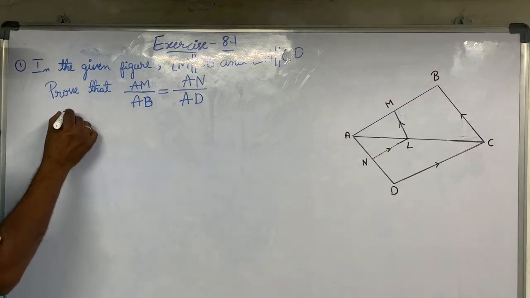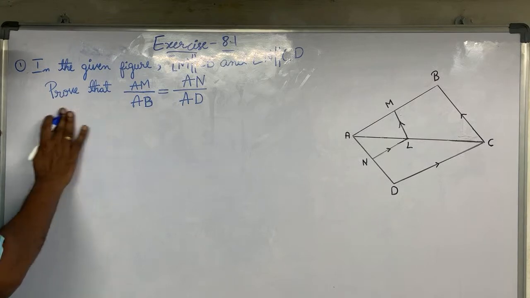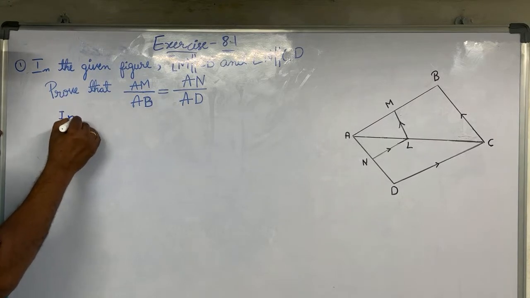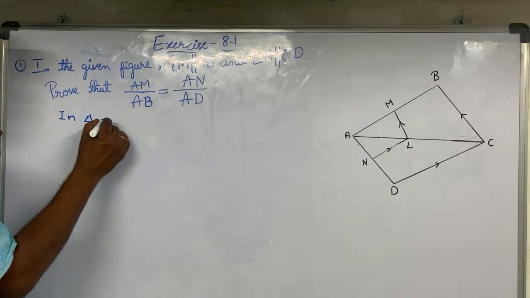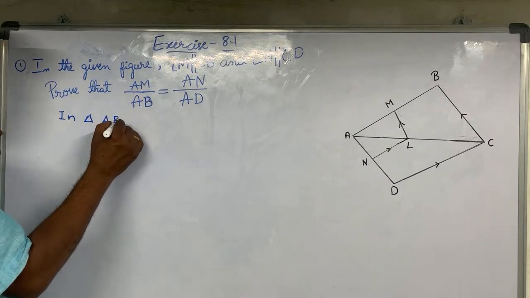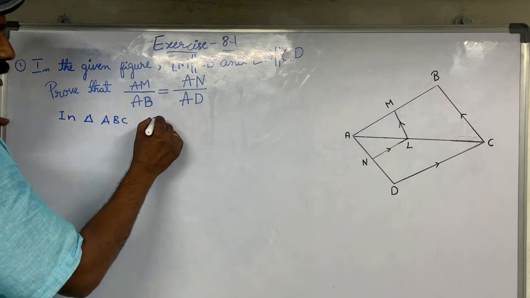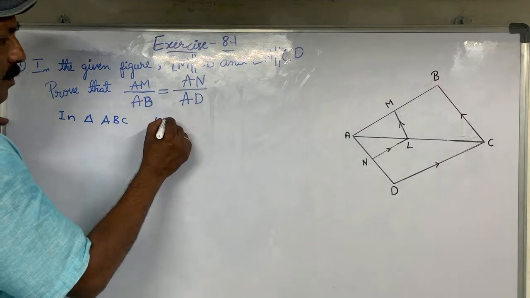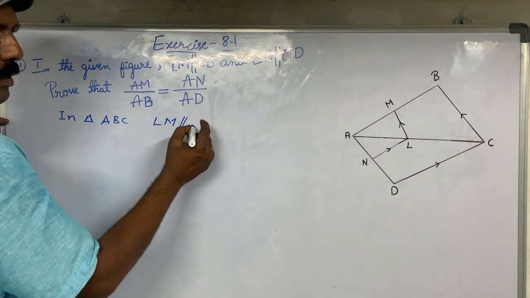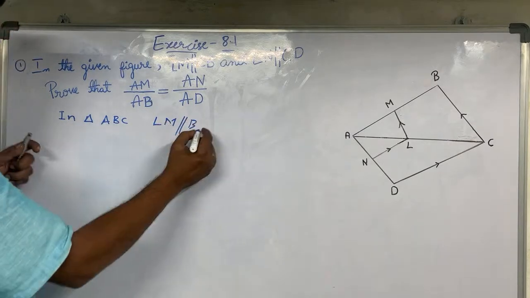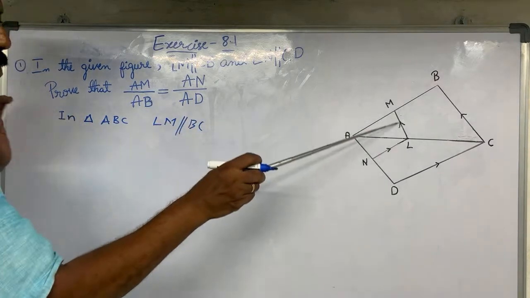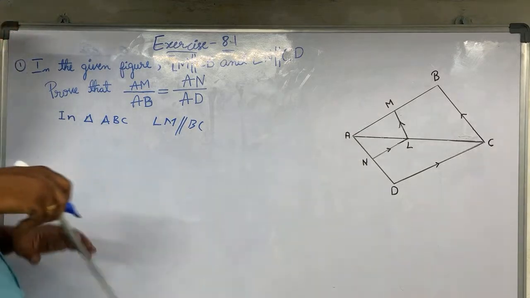According to the triangle ABC, here LM is parallel to BC. You can see clearly LM is parallel to BC.